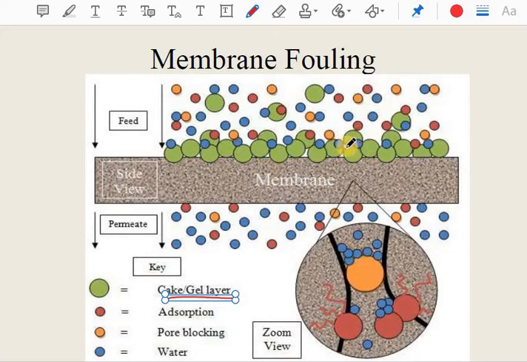They go inside the membrane and block it. The blue circles represent water molecules. When feed is passed, the particles start accumulating. Over time, the cake layer thickens, and this blocks the pores.